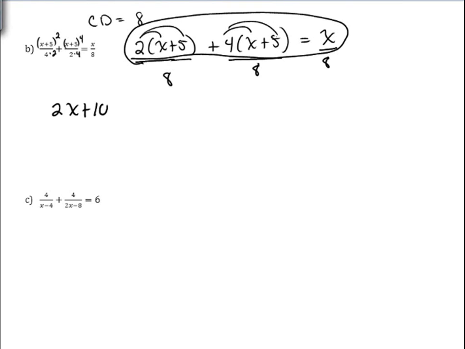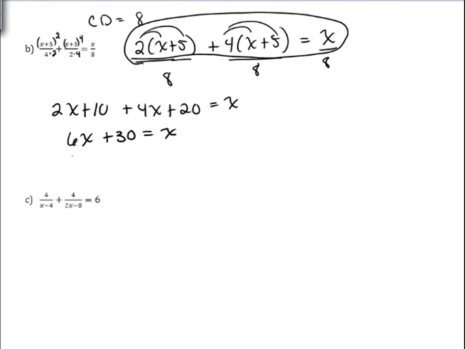Then distribute the 4, giving us 4x plus 20. And this is equal to x. We want to combine our like terms. 2x and 4x is 6x. And 10 and 20 is 30, so we get 6x plus 30 equals x.